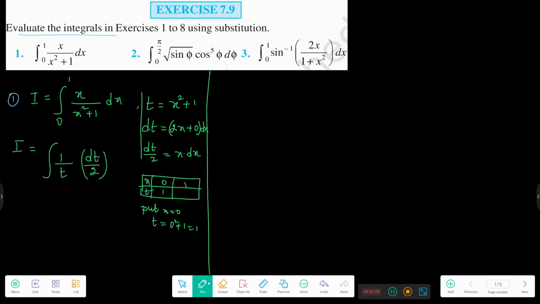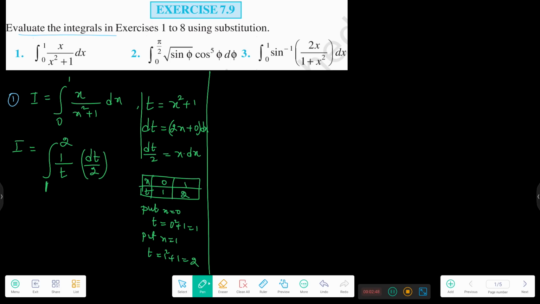So the lower limit is 1. Suppose we put x equal to 1: t is equal to 1 square plus 1, equal to 2. So the upper limit is 2.